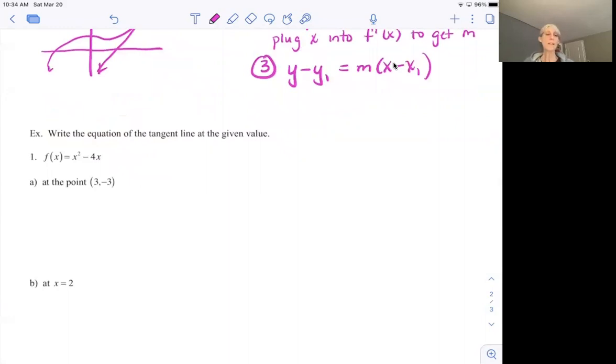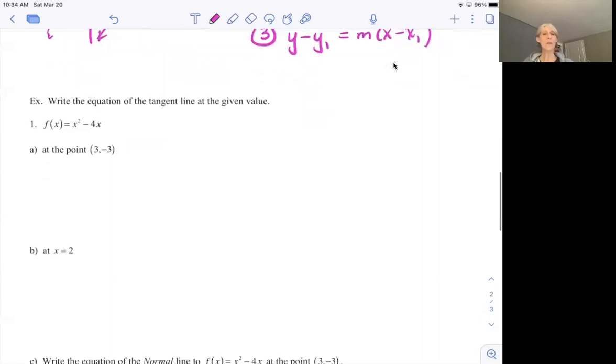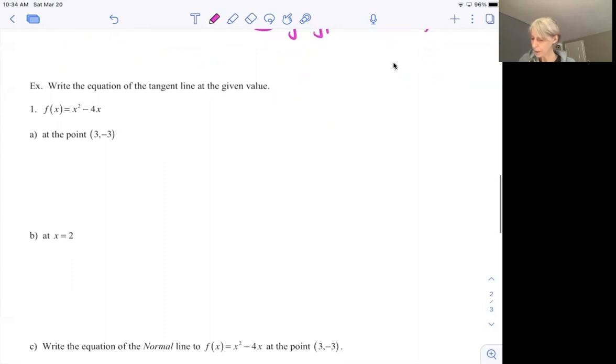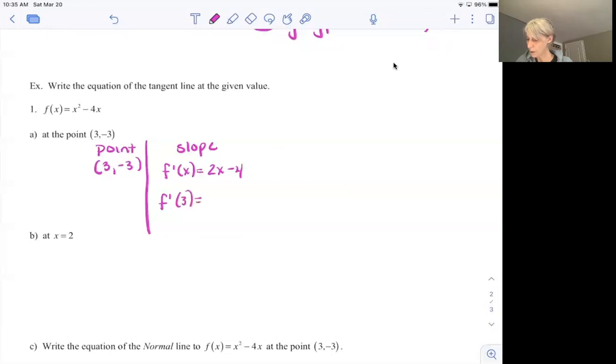Okay. Write the equation of the tangent line at the given value. So my function is f of x equals x squared minus 4x at the point (3, -3). Well, this is nice because my point is given to me. Let me just make sure that that's right. Yeah. So what do I have to do? I'm given the point. I want to find the slope. To get my slope, I need to find the derivative for this function. f prime of x equals 2x minus 4. f prime of 3 equals 2 times 3 minus 4.